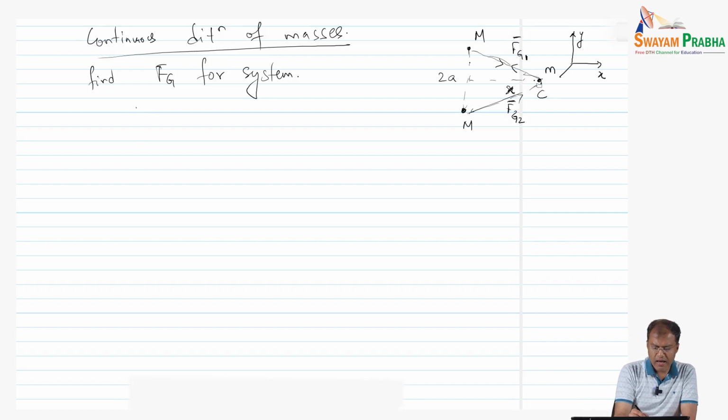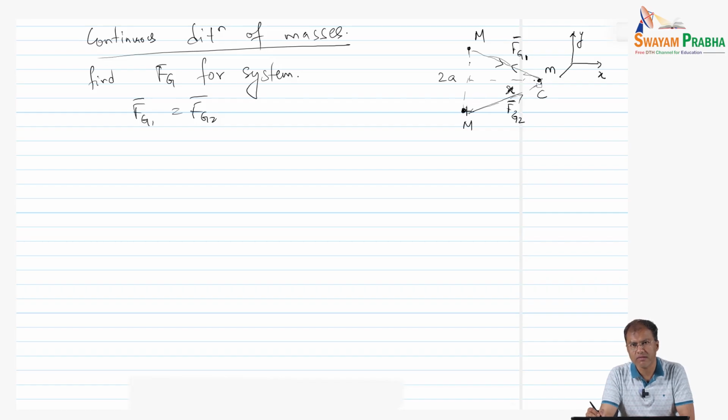So Fg1 will be equal to Fg2. Why? Because Fg1 and Fg2 both involve particles with the same masses, right? So these two gravitational forces will be equal, which means that if we were to find the y component of these two gravitational forces, they are going to cancel each other.